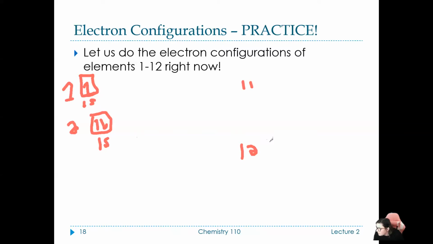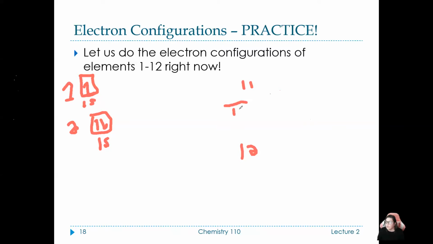So 11 is our sodium. Not well drawn boxes, actually. Give me a second, I'm going to erase the top. I'm going to draw them as just the lines.